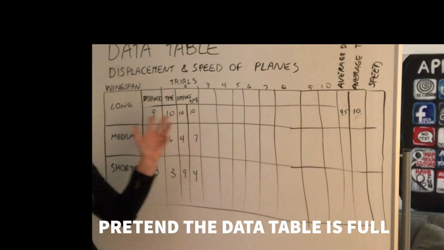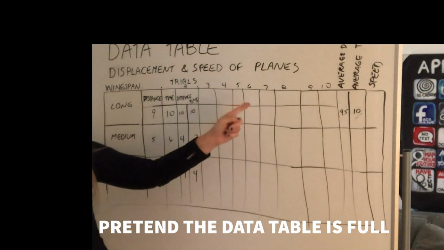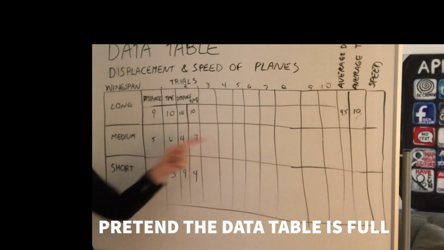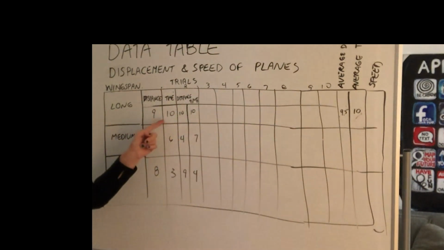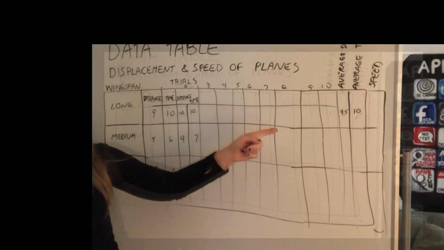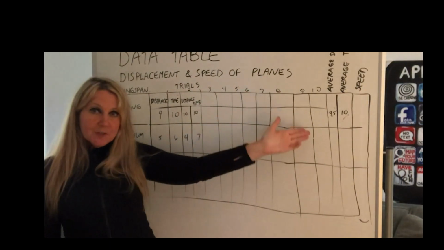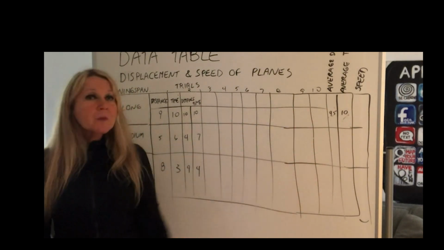We would add up all the distances, right, and divide by 10, because we had 10 trials for each one. And the same thing for average time. We'd add up all the time in seconds and divide by 10. So now we have the average distance in meters and the average time in seconds.